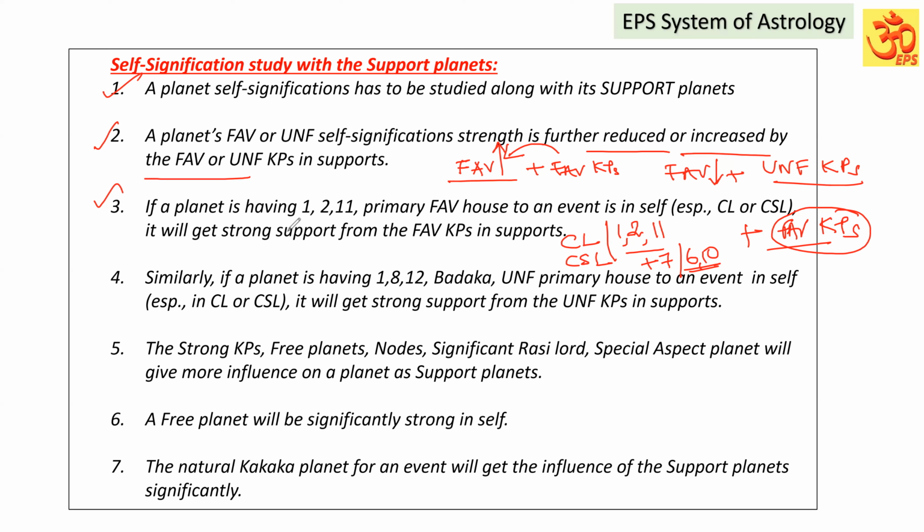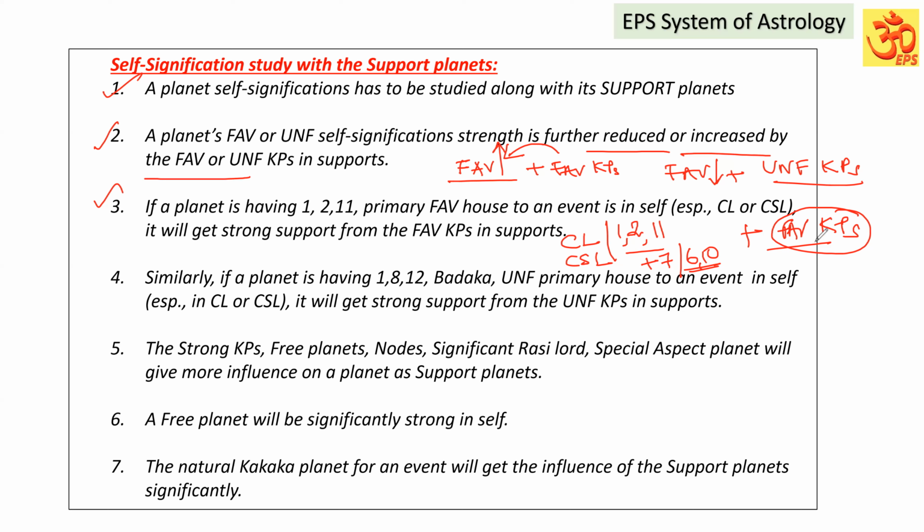That's what has been given. A planet having 1 to 11 or the primary favorable house to an event present in self, especially CL or CSL, will get strong support from the favorable key planets. It does not mean that other planets without the 1 to 11 or primary houses to the event cannot be supportive; other supportive houses may be there in CL.